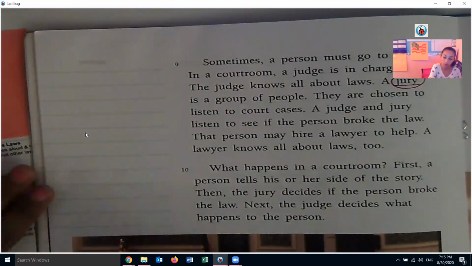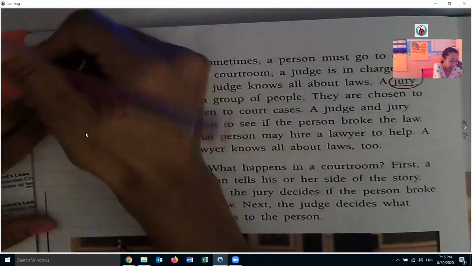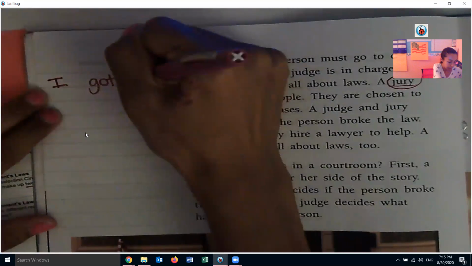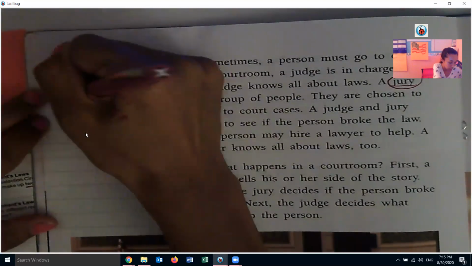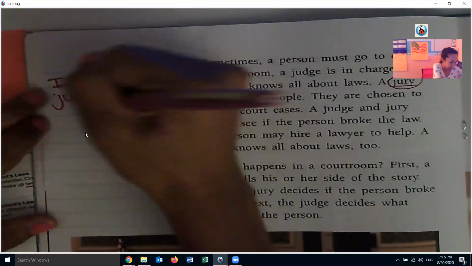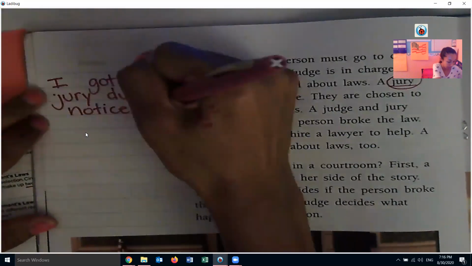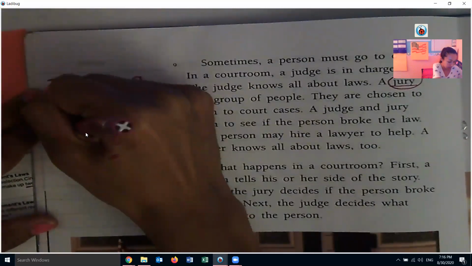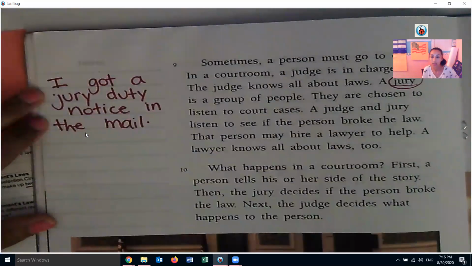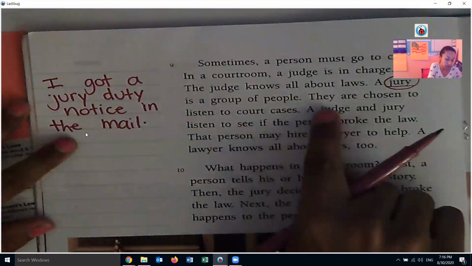So jury. So maybe I'll say, and this has happened to me, I got a jury duty notice in the mail. So jury duty is when you're kind of here where it says chosen to listen to court cases.